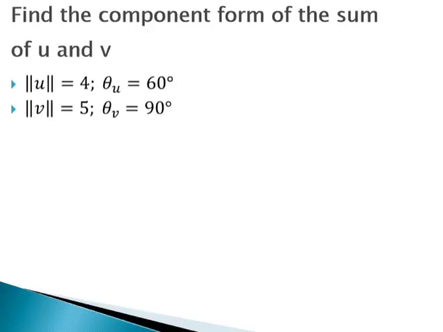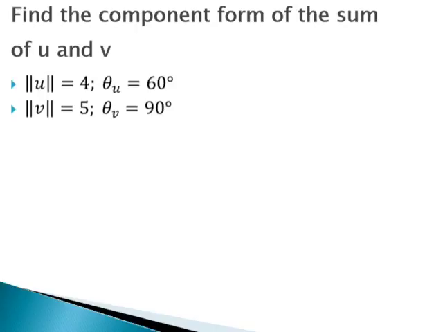In our next example, we have the magnitude and direction of 2 different vectors, and we are being asked to find the sum of u and v. So first we need to write the component form of u and the component form of v, and then we can add them together.